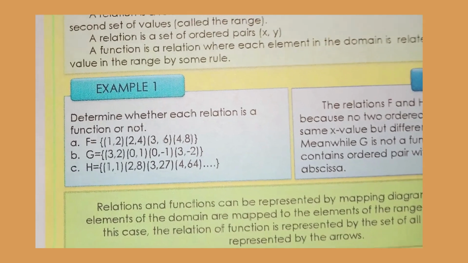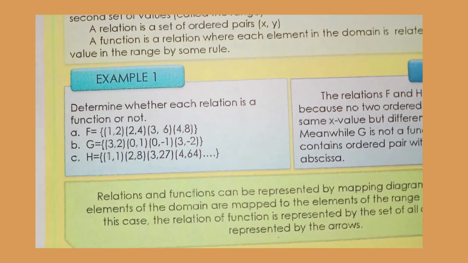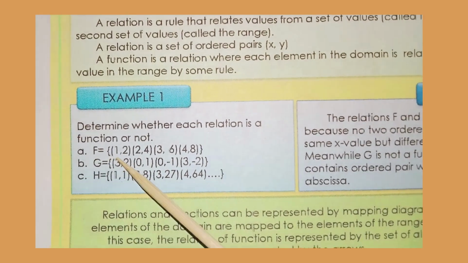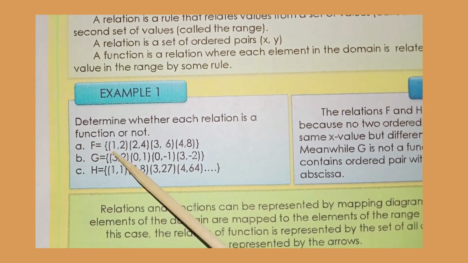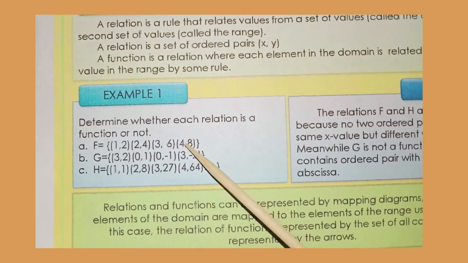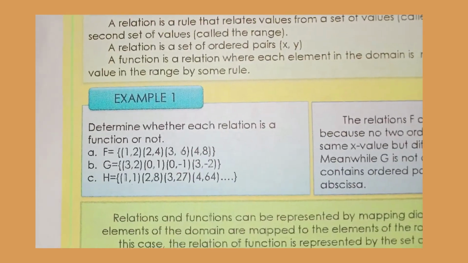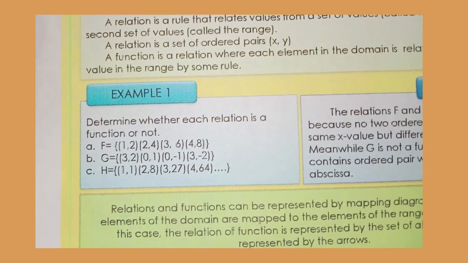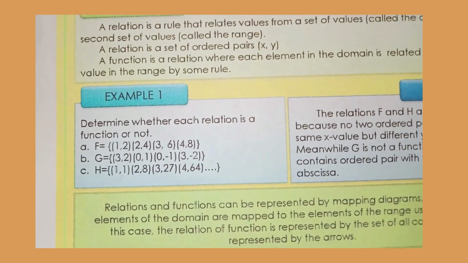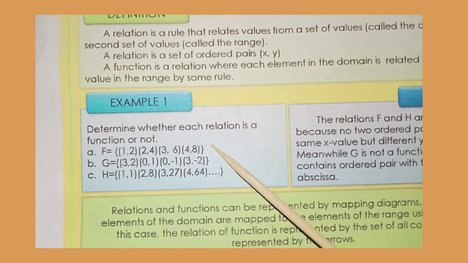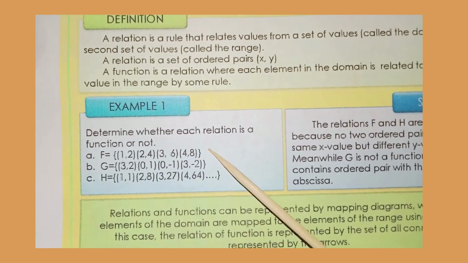Lahat naman sila ay magkapares, so na-meet niya yung rule number 1. Rule number 2, tignan natin yung mga domain. Ano ba yung domain? Yung nauunang number, we have 1, 2, 3, 4. Meron bang naulit? Okay, wala. Kapag walang naulit, meaning, na-meet niya yung ating rule, so this one is a function. Kasi walang naulit na domain.